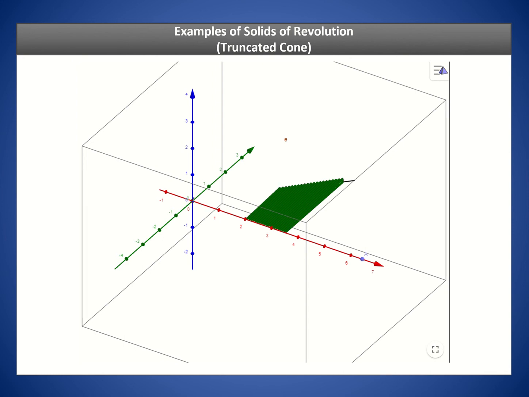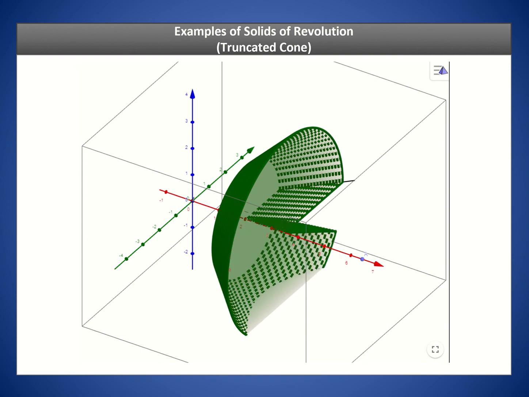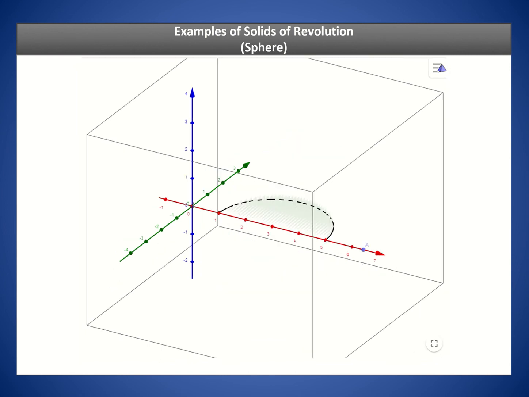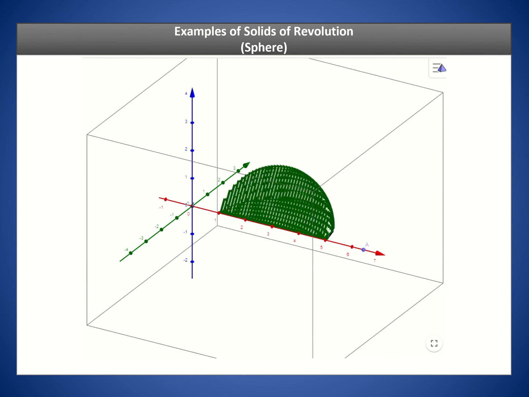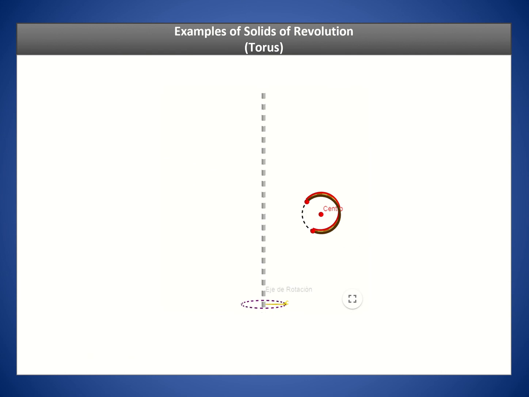I just wrap that around, I get my truncated cone, which is more like a volcano shape. And then if I rotate that, I get a spherical shape. There you go. And then if I do this circle and I wrap it around here, I get a torus, as you can see. There's my torus.